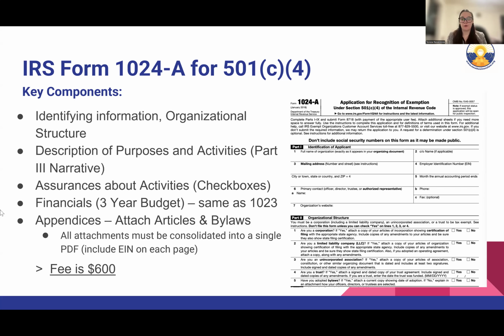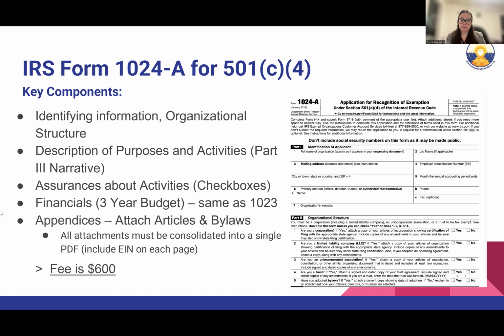However, if your organization is interested in doing some lobbying and some political activity, you'll want to be classified as a 501(c)(4) organization. And in this case, you will fill out the 1024A form.